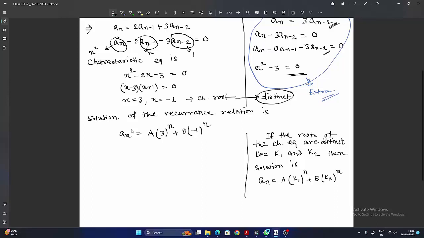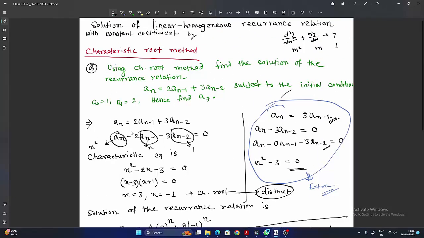That is the solution pattern for the characteristic roots. Is it clear how to write the solution? Yes, sir. Okay, so now we will find the constants by using the initial conditions.